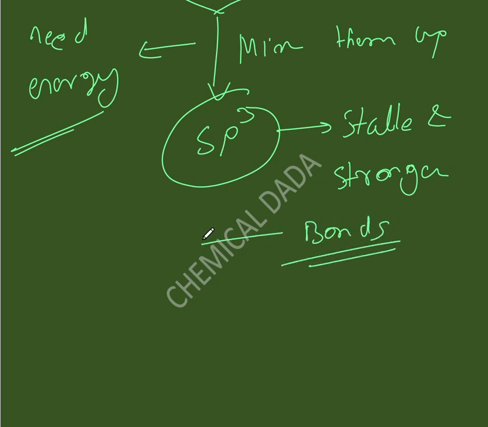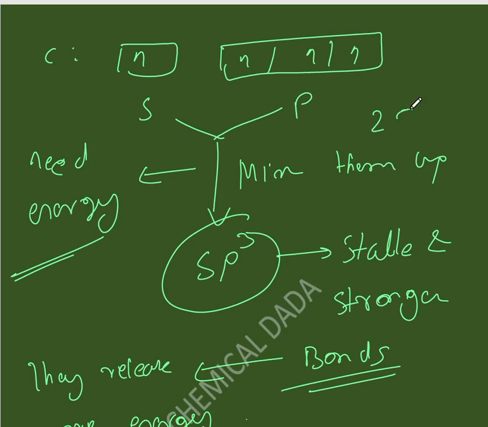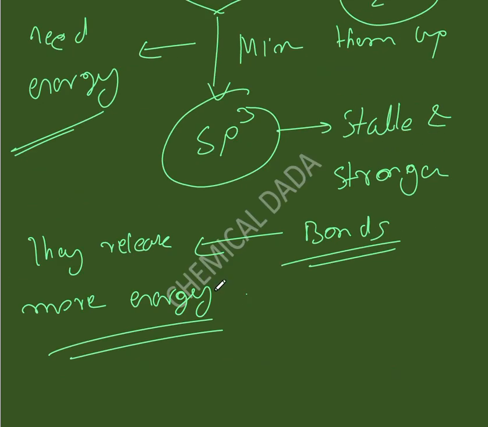And in this process, they release more energy. Say for example, you spend energy worth 20 units to mix them up, and when you form the bonds, you release energy, say 35 units. So overall, it's making the system more stable.